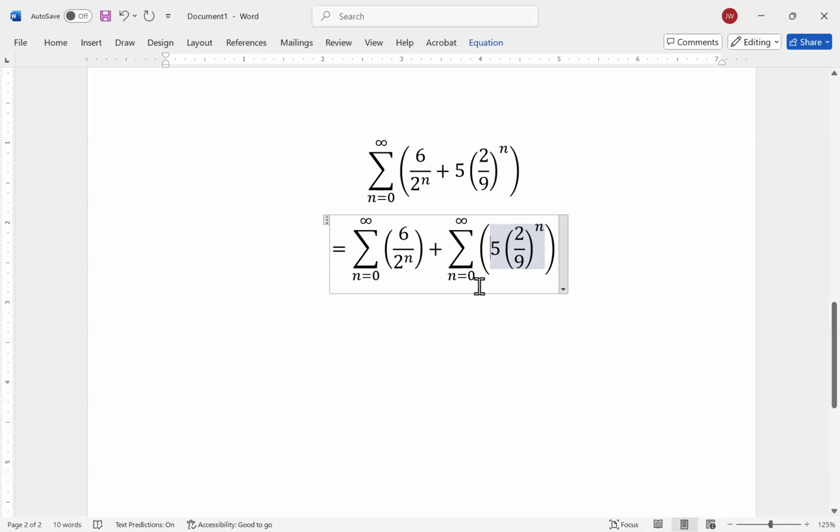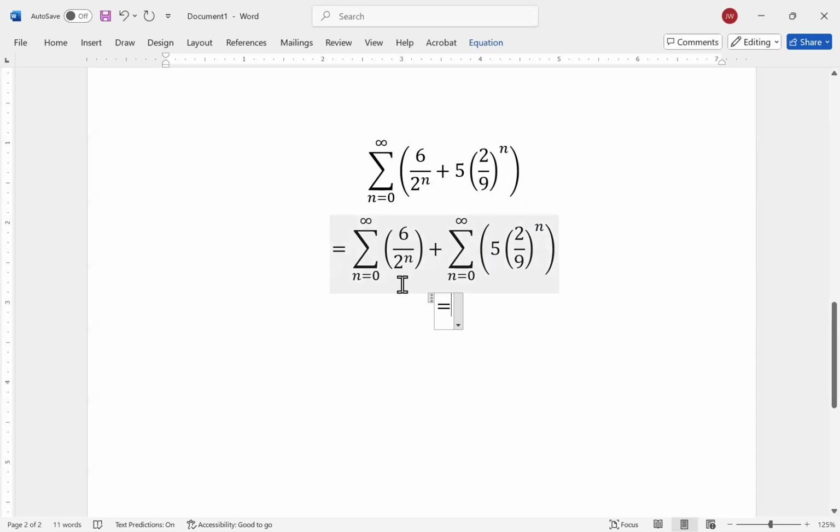That's my sum difference rule. If these two individually sum up to something, then I can apply this rule. If they go off to infinity, then the whole sum is going to go off to infinity.